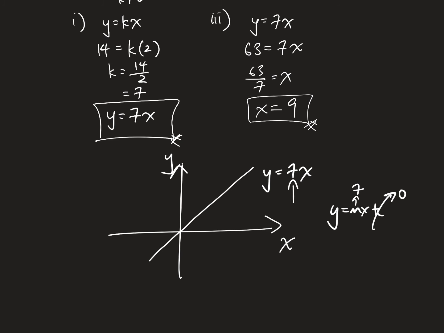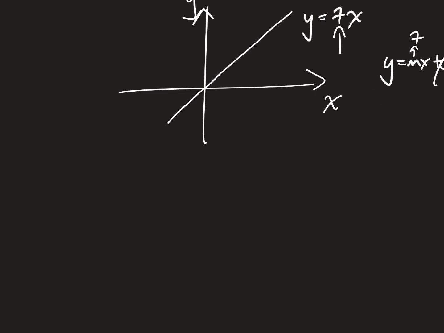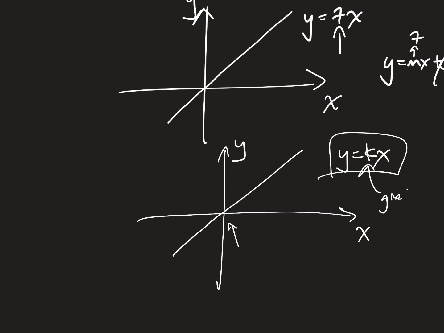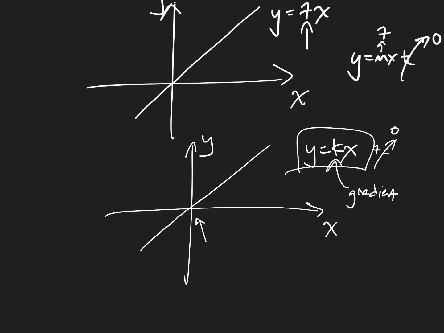All graphs of direct proportionality, where y equals kx, look like a straight line passing through the origin, where k is simply your gradient, and of course your c, if you have a plus c here, c has to be 0. And then you ask yourself, does it make sense?